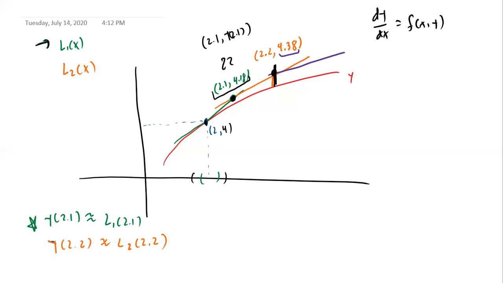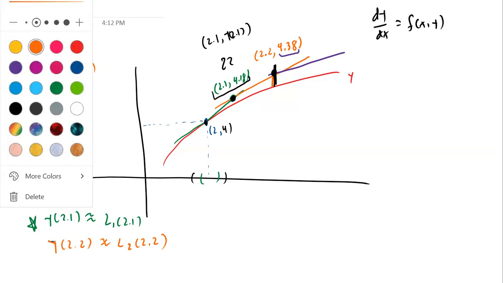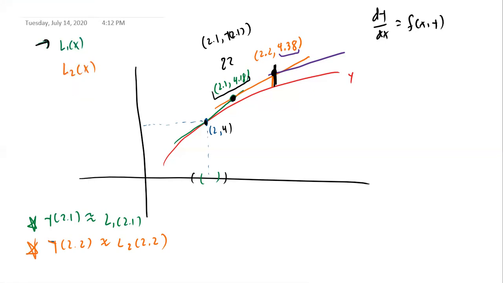But then the process is the same, right? We do the second linearization and we use that to approximate y of 2.2. And again, the hope is that the approximation we do in this y coordinate is more accurate in the end of the process than just evaluating the first linearization.